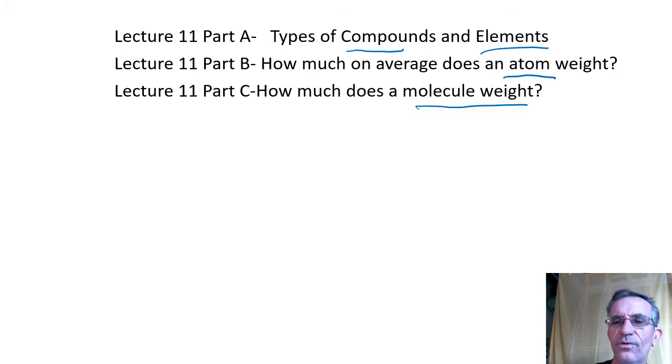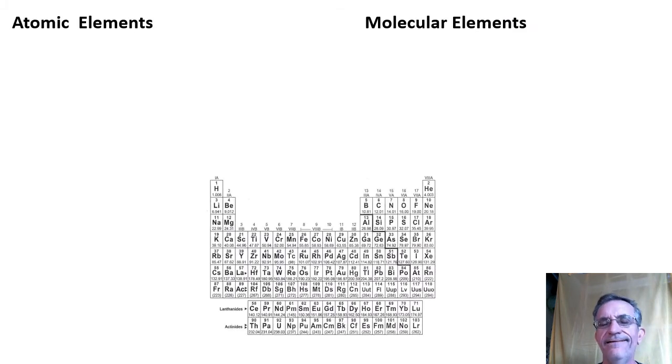And we're going to start off with elements. Now, when I say an element, that means that we're talking about something that's made up of only one kind of atom. It turns out that there are two different ways that these atoms might work together to make an element. So some elements, and actually most elements, are called atomic elements.